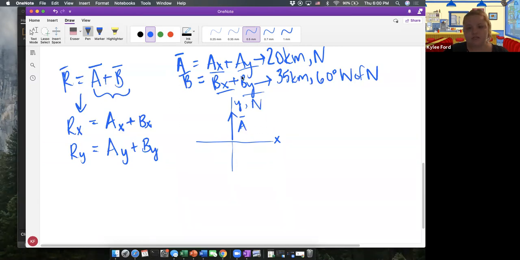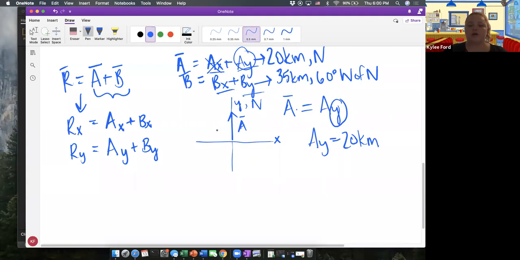So I don't have an AX component, I only have an AY component. So my A is really just broken down into AY, in that y direction. And my AY is just going to be my 20 kilometers, since that's the only direction that it's moving in. So now I know my AY.